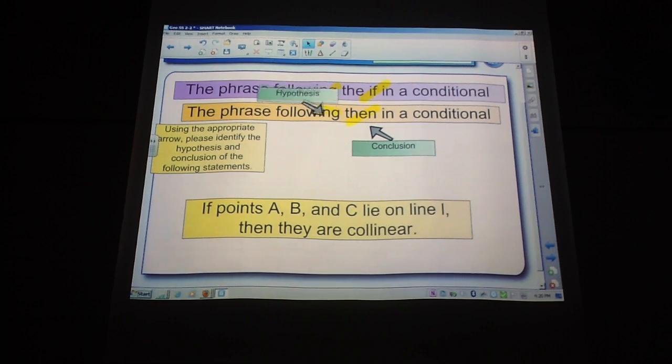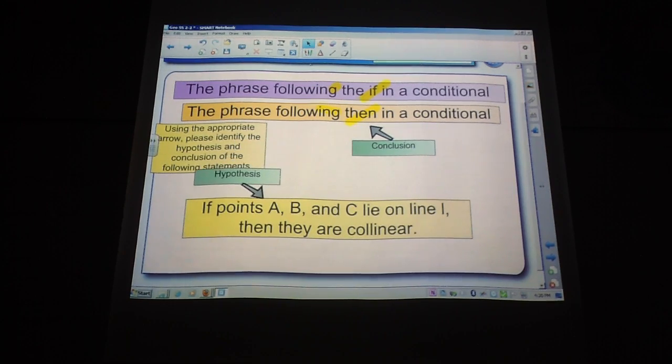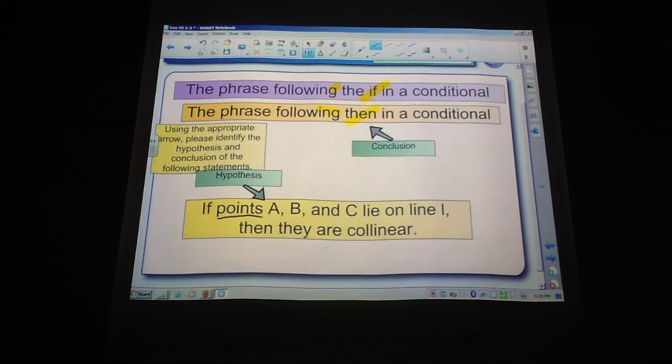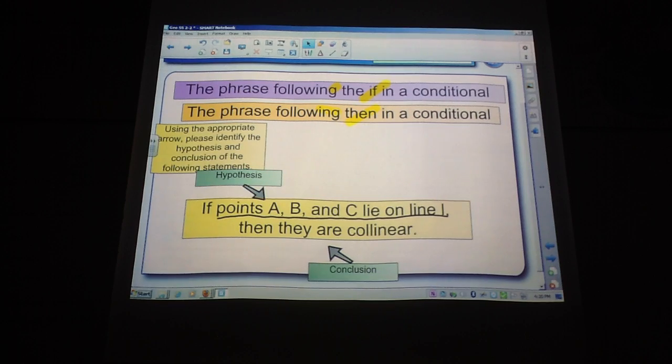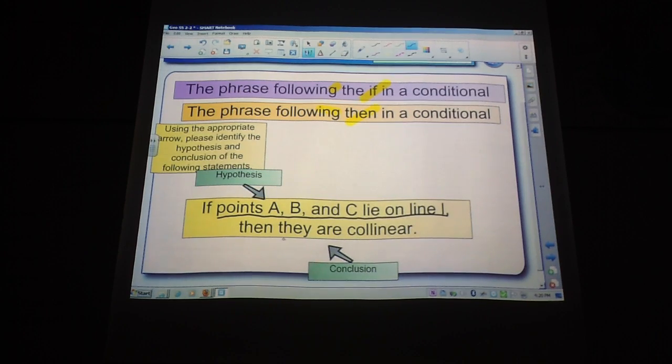So I'm just going to drag this down here, and the part that's following the if would be points A, B, and C lie on a line L. Well, the part that follows the then is our conclusion. So what do we have that follows the word then? Would be they are collinear. And that's how we identify the hypothesis and the conclusion.